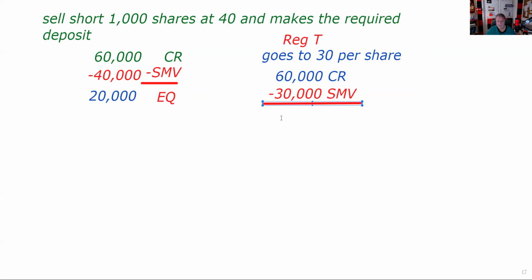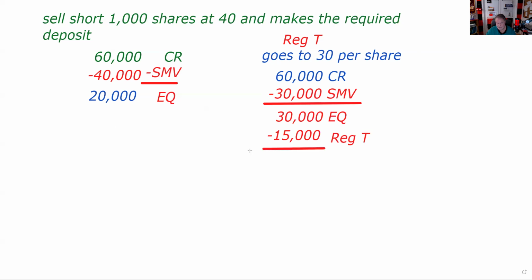And now I'm going to compare your equity to Reg T to see if perhaps I can loan you more money. And I've got to be careful here, because the short market value is that second line, right? So it's going to be 15,000. It's going to be, again, half of the market value, but the market value shows up on that second line. I say, indeed, you have excess equity.